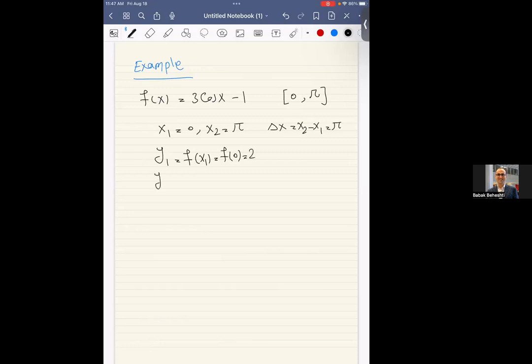What is y2? F of pi is -4. So that means delta y is -4 minus 2, which is -6.